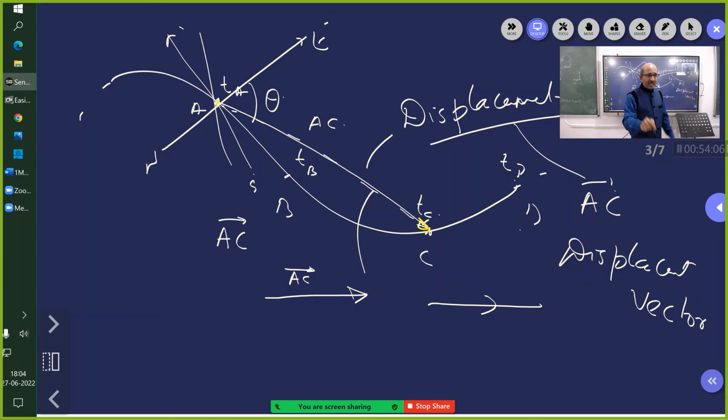Since it is a vector, it has magnitude and direction. Here, the magnitude is the shortest distance from this to this. And the direction is the angle made with respect to a reference. That is the difference. Got it?